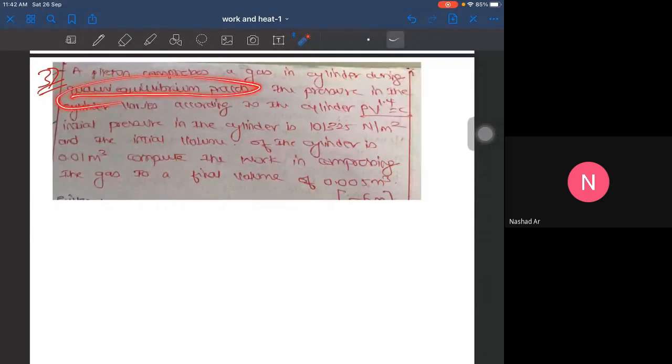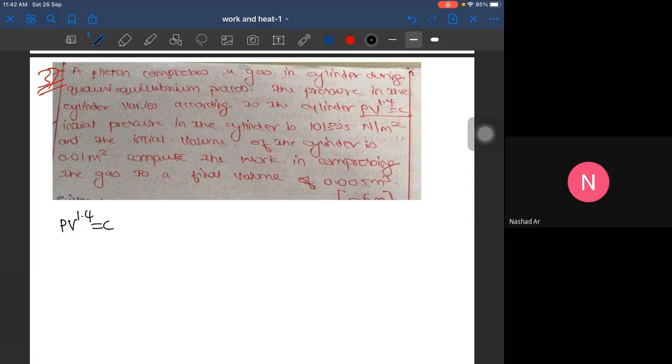Another name for static is nothing but equilibrium. So quasi-equilibrium means it is a quasi-static process. The process in the cylinder varies according to the relation PV to the power of 1.4 is equal to constant. So the first hint to guess the process has been given, that is PV to the power of 1.4 is equal to constant.